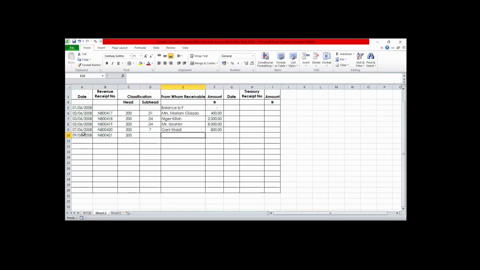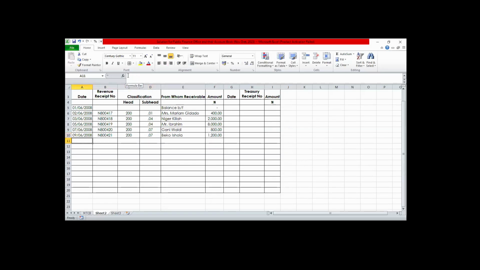He paid for court proceeding documents. What's the number for court proceeding documents? 07. How much does he pay? 1,200.